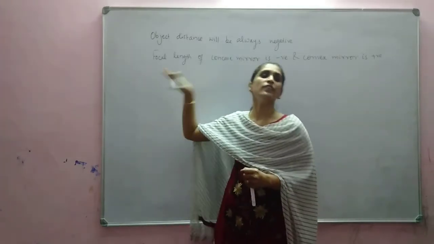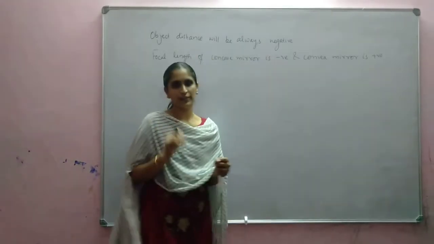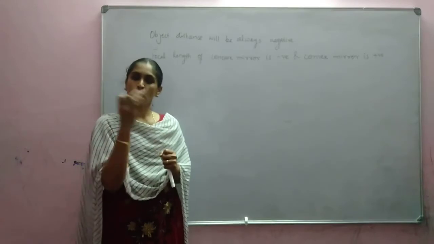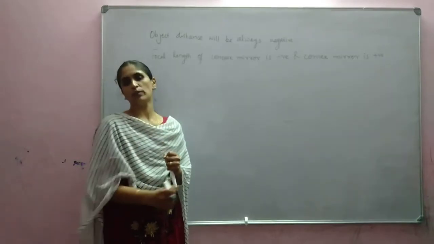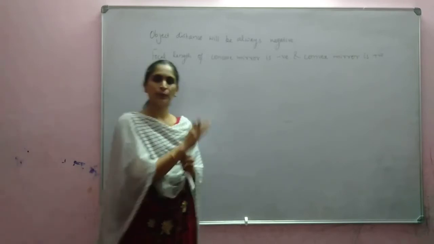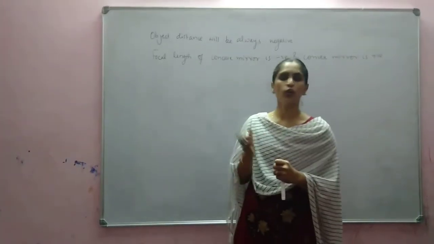And if they ask to find the focal length of a concave mirror, no need to apply sign convention for that. Only for the given data we apply sign convention.